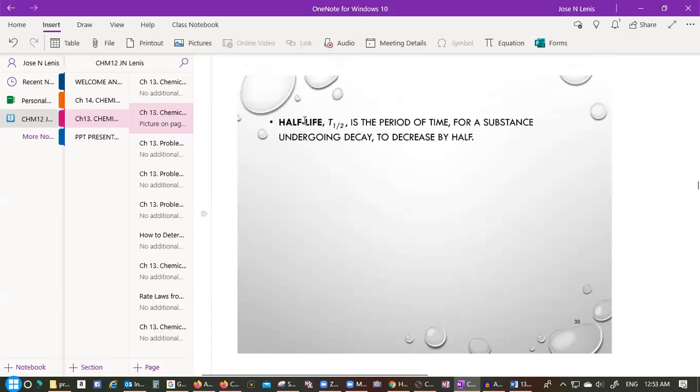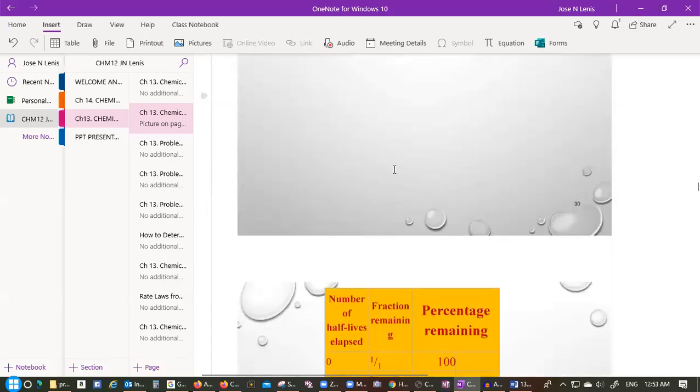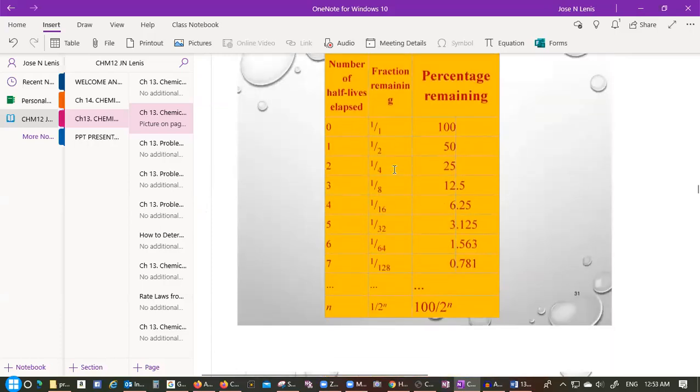So you say the half-life is the period of time for a substance undergoing decay to decrease by a half of the initial amount or the previous amount. So that's the definition of half-life. Here is a representation of that half-life.